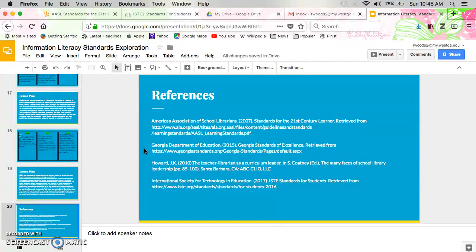And by doing that, we can efficiently and effectively help students become that 21st century learner that is going to be an effective and productive member of society. And that is the goal for all students. Thank you.